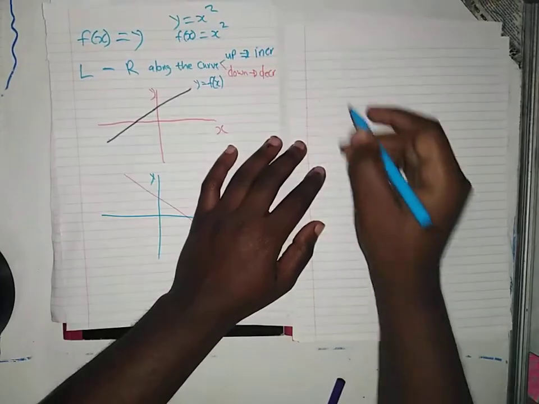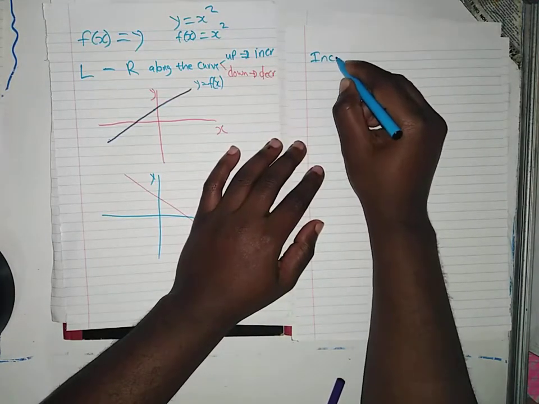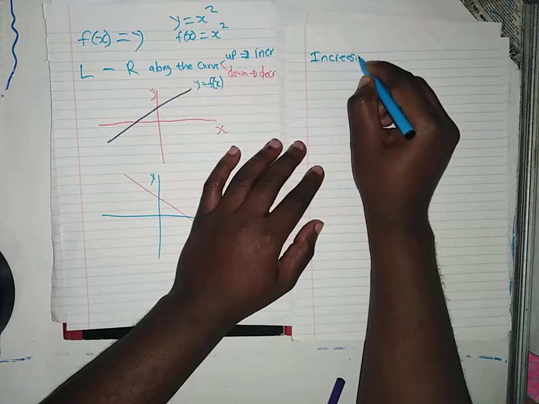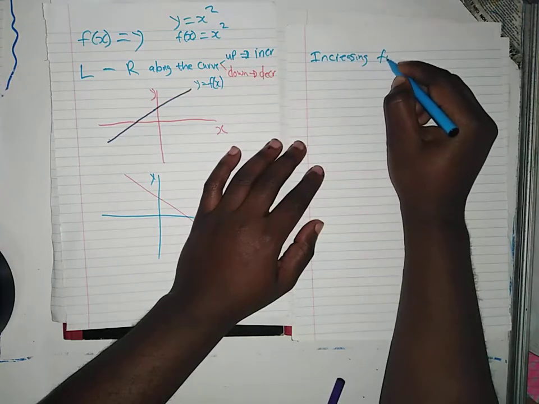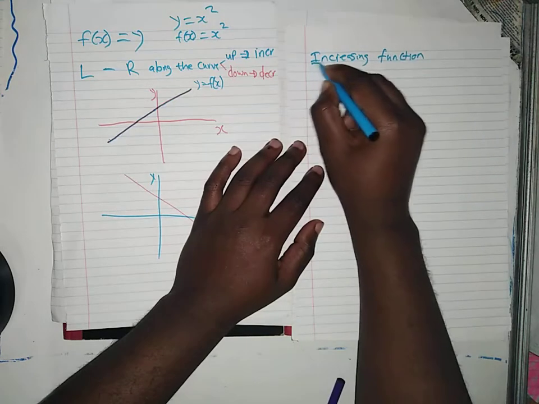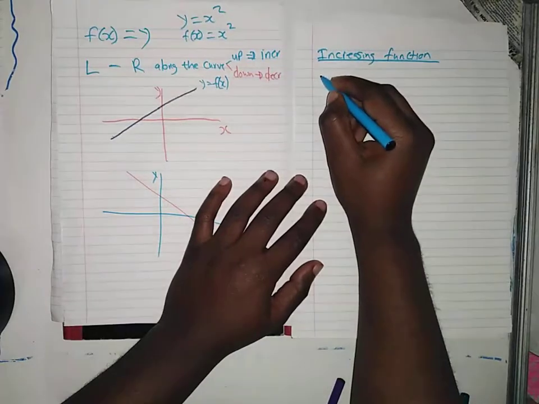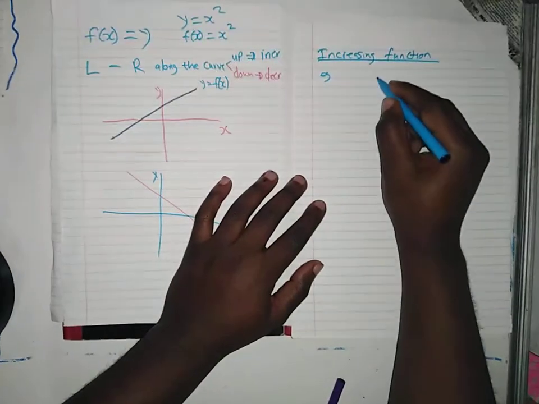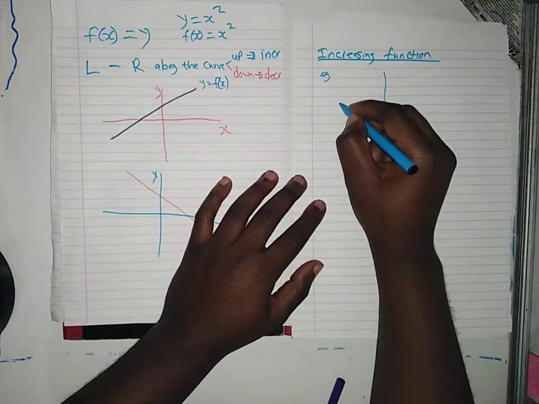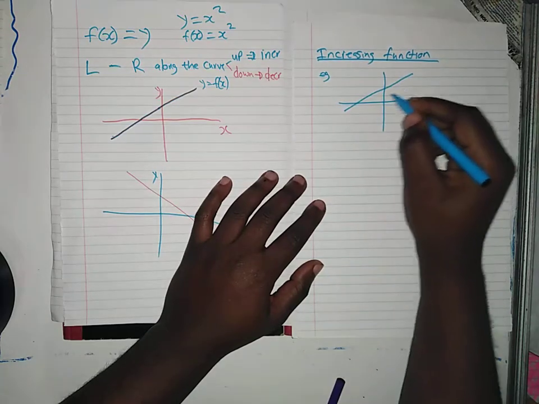Now, let's go to the increasing function. Let's explain the increasing function now in detail. Okay, we've explained both. Let's take an example. Let's draw this function and then let's put it like this.